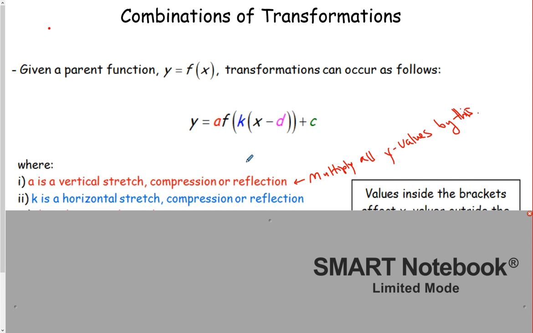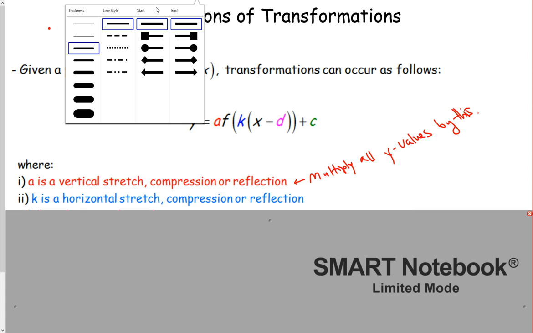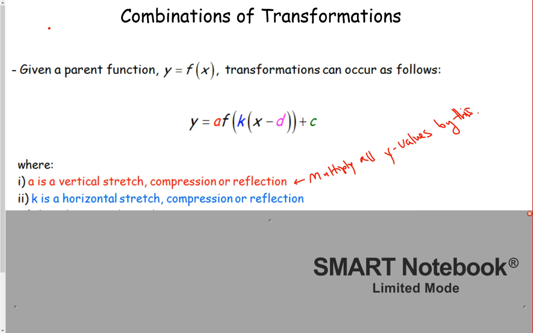like inside the function. So K is a horizontal stretch, compression, or reflection, but it's a little different. Like our thing inside the bracket that moved it the opposite direction, this one is similar in that instead of multiplying our x values by this, we're actually going to divide all of our x values by this.